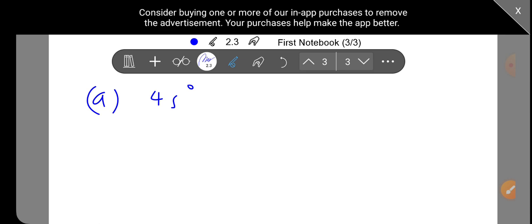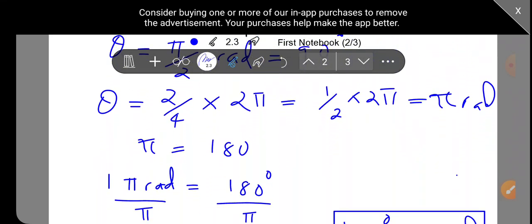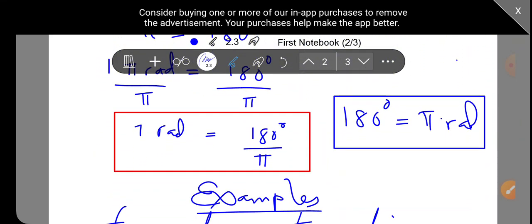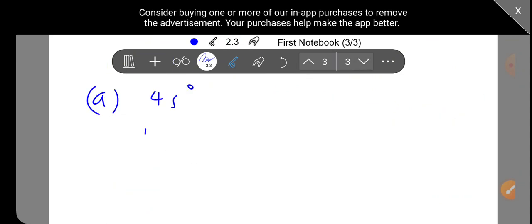Remember from this one, we have said that 180 degrees is equal to pi rad. So we can use that one. How about 45 degrees? Which one is bigger, between 45 and 180?